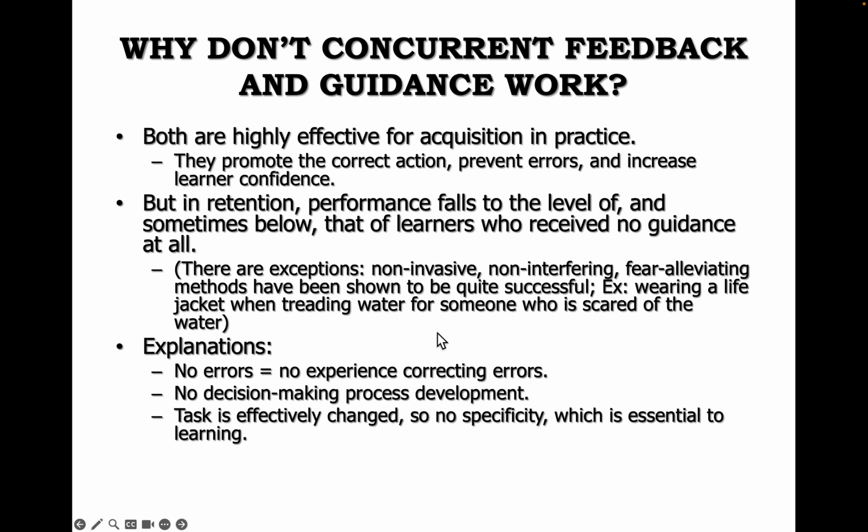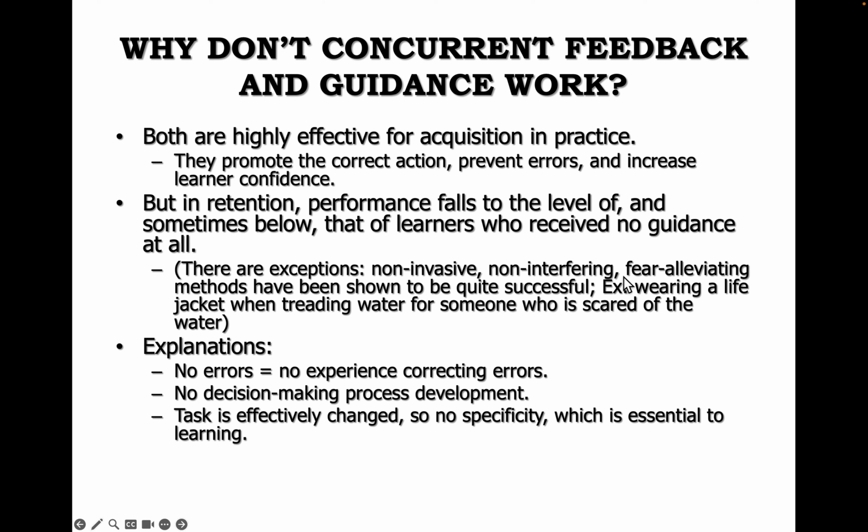For example, someone who's wearing a life jacket while treading water, and that person is scared of the water. The reason why guidance feedback in this case might help is if someone's so fearful of the particular task that they don't want to do it at all, or they just freak out when they're in water without some sort of guidance feedback.